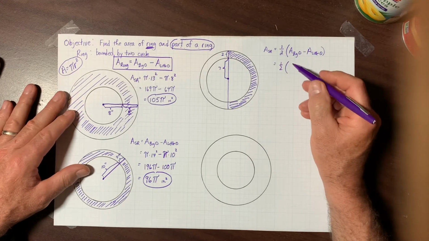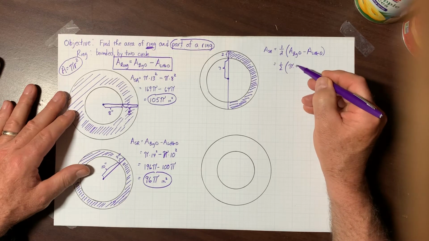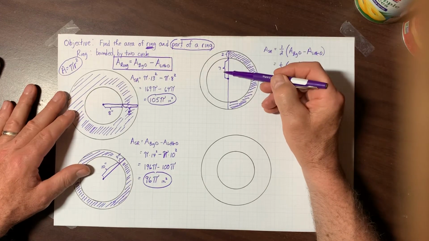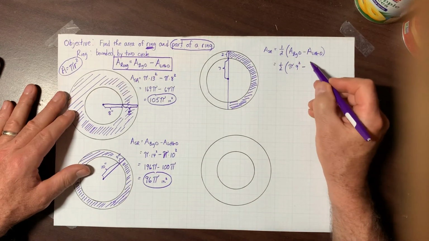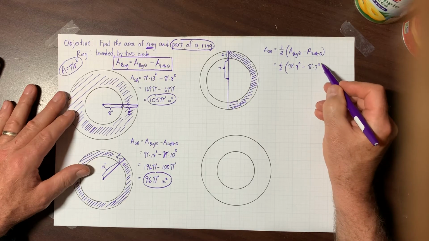So the area of the big circle would be pi, and the radius is 9, and we square it. Again, the 9 is coming from adding the 2 and the 7 together, minus the area of the little circle, which would be pi times 7 squared.